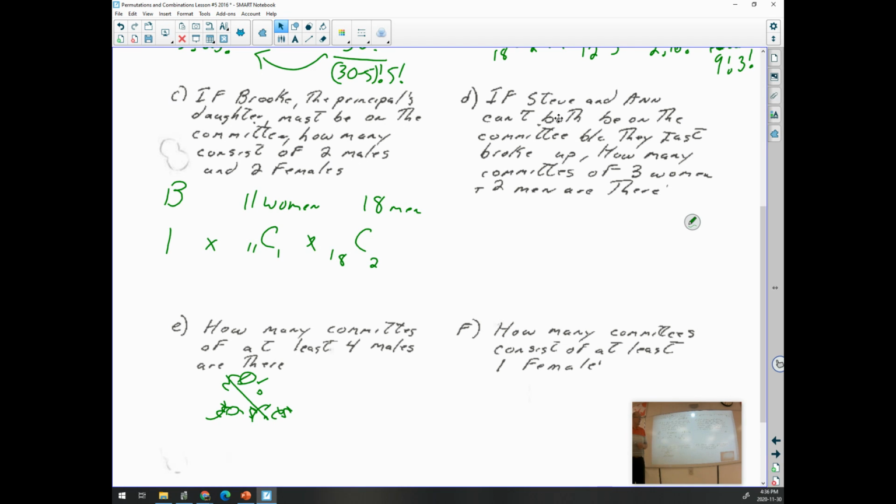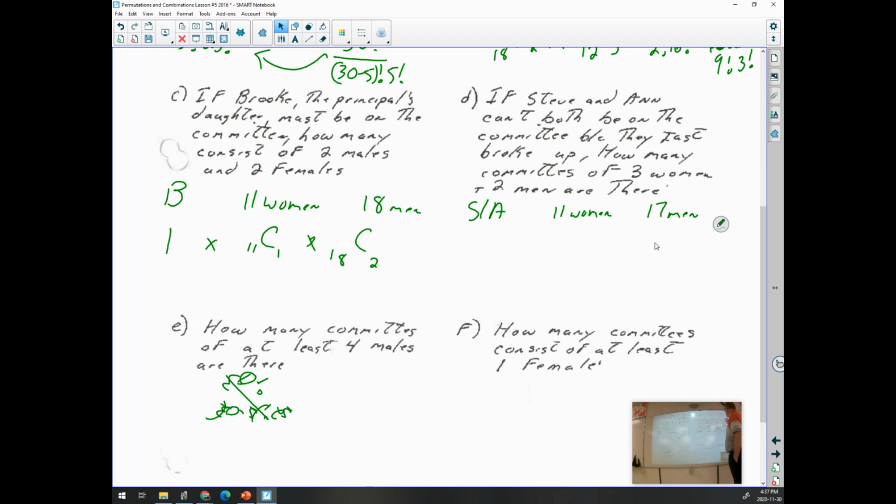Now, if Steve and Ann can't both be on the committee because they just broke up, okay, fine. How many committees of 3 women and 2 men are there? So again, we have to break this up into Steve and Ann, which leaves us with 11 women, and it leaves us with 17 men. Now, they can't both be on the committee.